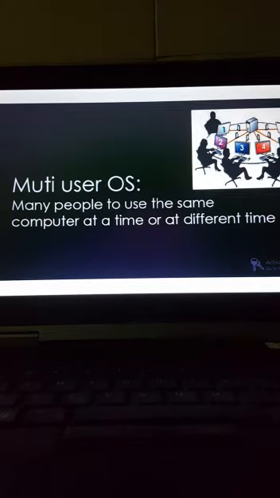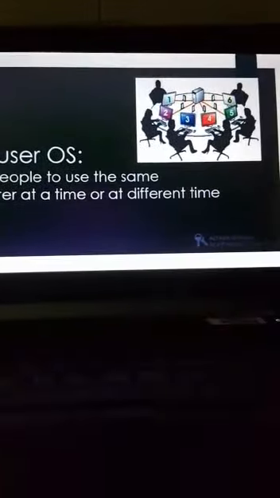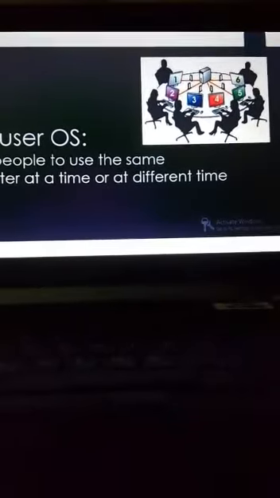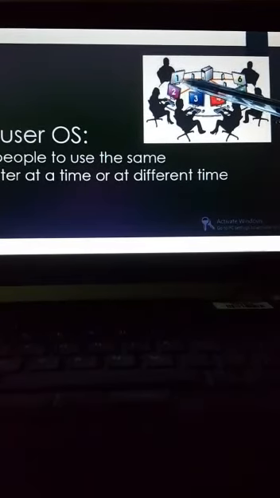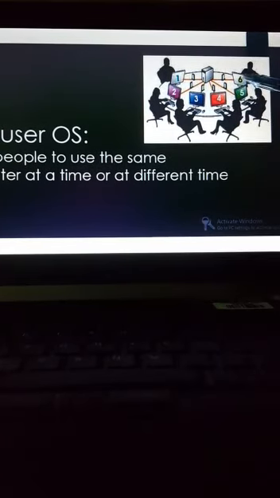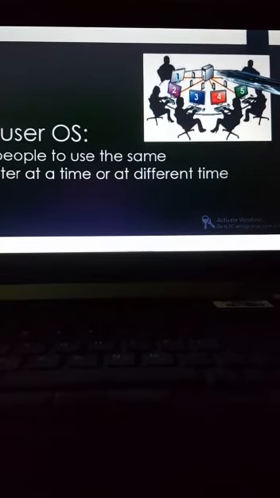A multi-user operating system allows many people to use the same computer at the same time or at different times, meaning a single computer connected with many other computers. Like you can see in this picture, a single system connects with all these 6 computers. So a single computer can be used by all of these.